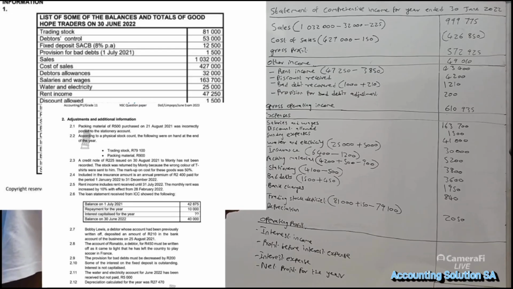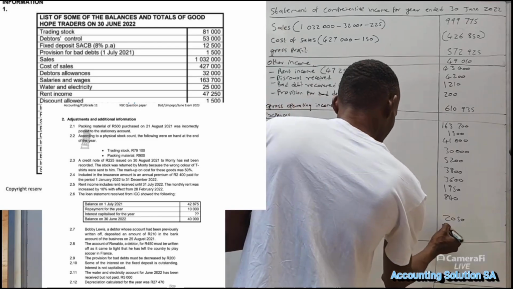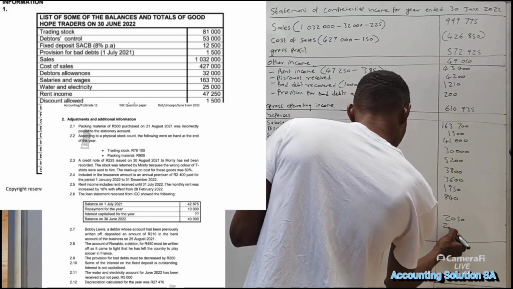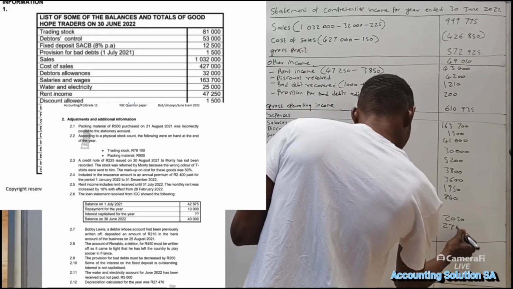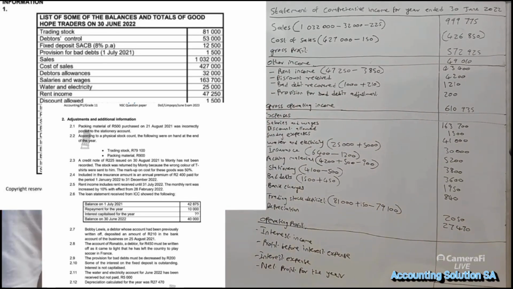Okay, then depreciation. The last adjustment they said 27,470 is for depreciation calculated for the year. So there was no need to calculate any depreciation in this case because it's given. Okay, then after that, guys, I think we will be done with all expenses.